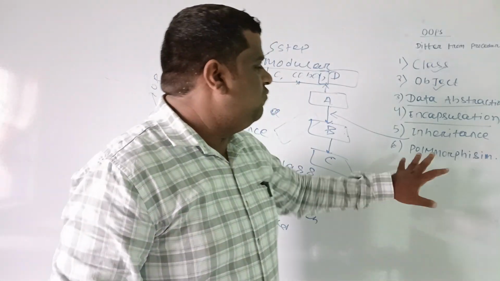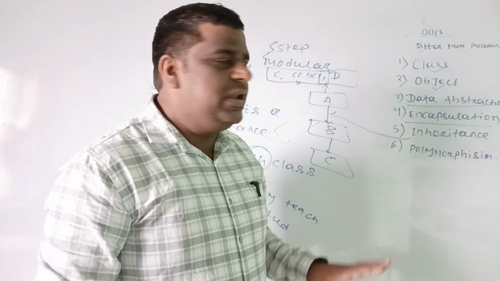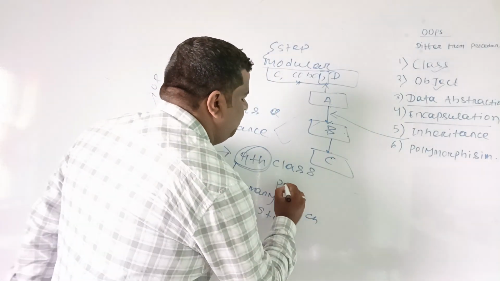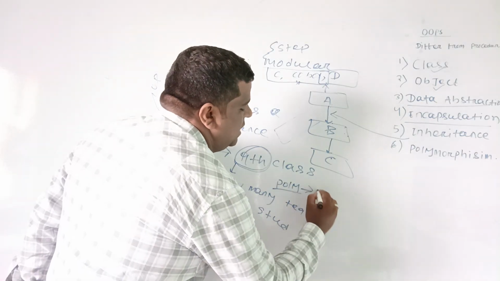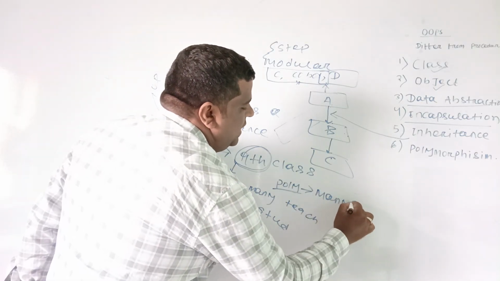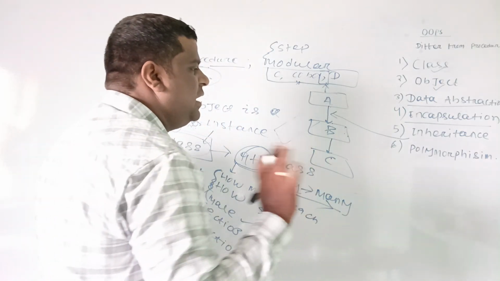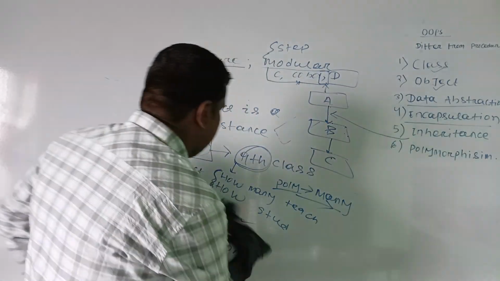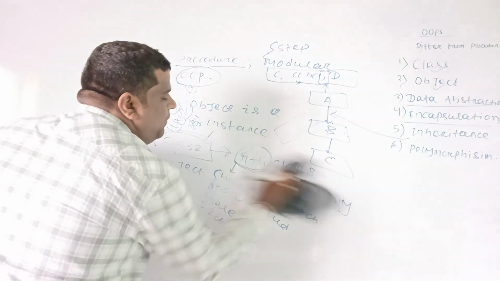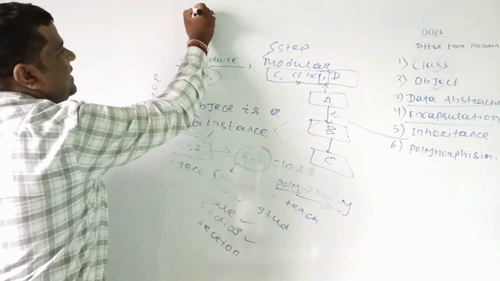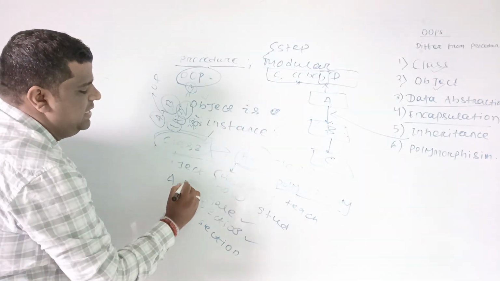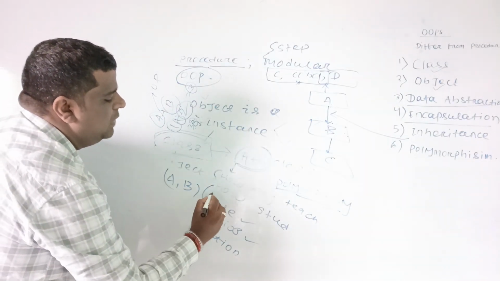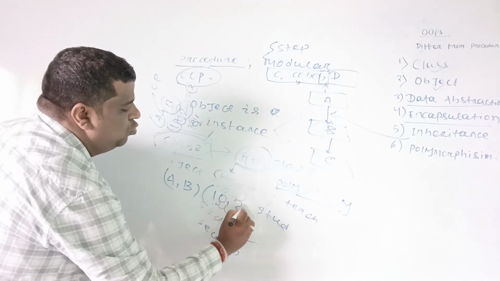Then let's go to polymorphism. What do you mean by poly? Poly means many. Many forms. A basic example I am sharing: suppose practically this is A and this is B, and you take 10 and 2.